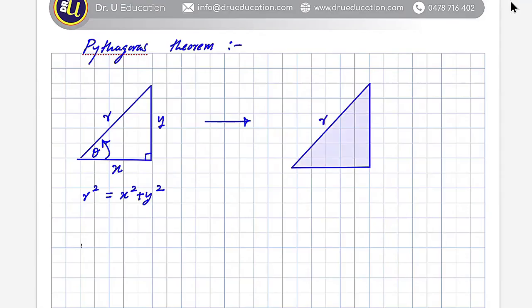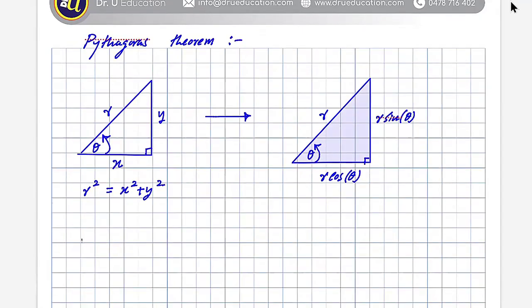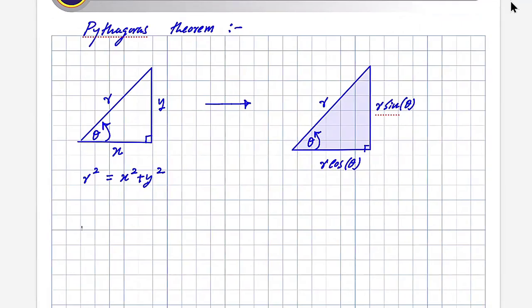So if this is r and this is theta, my opposite is going to be r sine theta, and this is going to be r cosine theta. Before we had r, x, y, now y and x were replaced by r and theta.